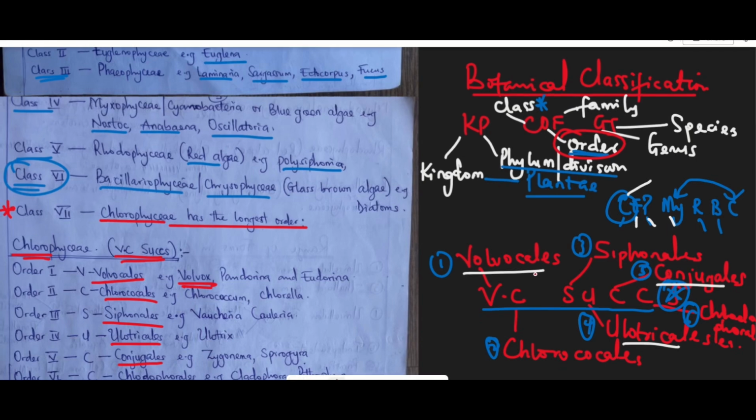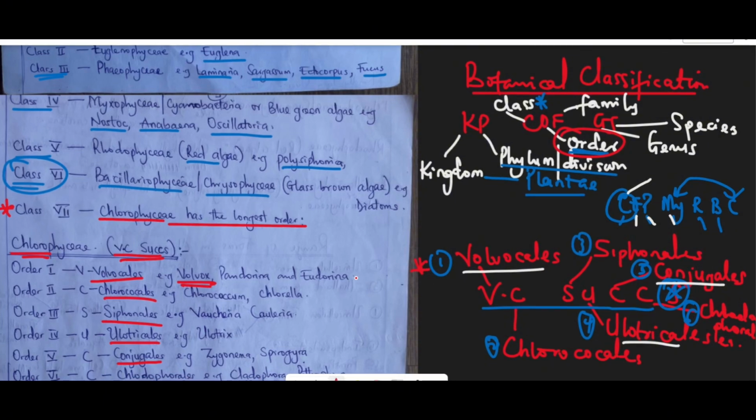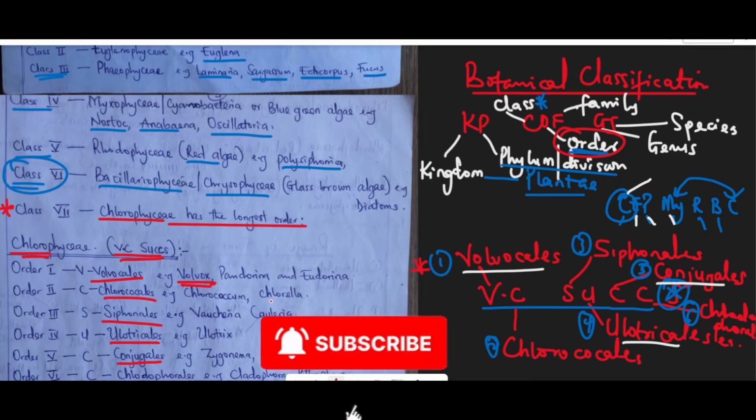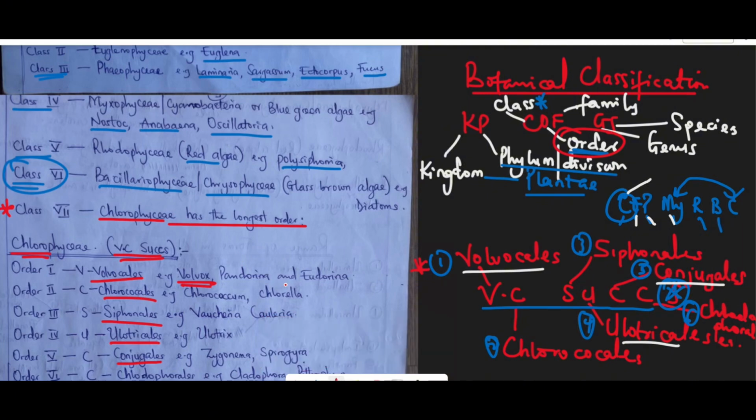So at home tutorials, for instance, all students are advised, if not compelled, to learn the examples of each of these orders. For instance, if I ask a student to give me an example of Chlorophyceae, which is a class, then the student can just pick at random from these orders. By telling me, oh, Volvox, Ulothrix, Zygnema, this and that.